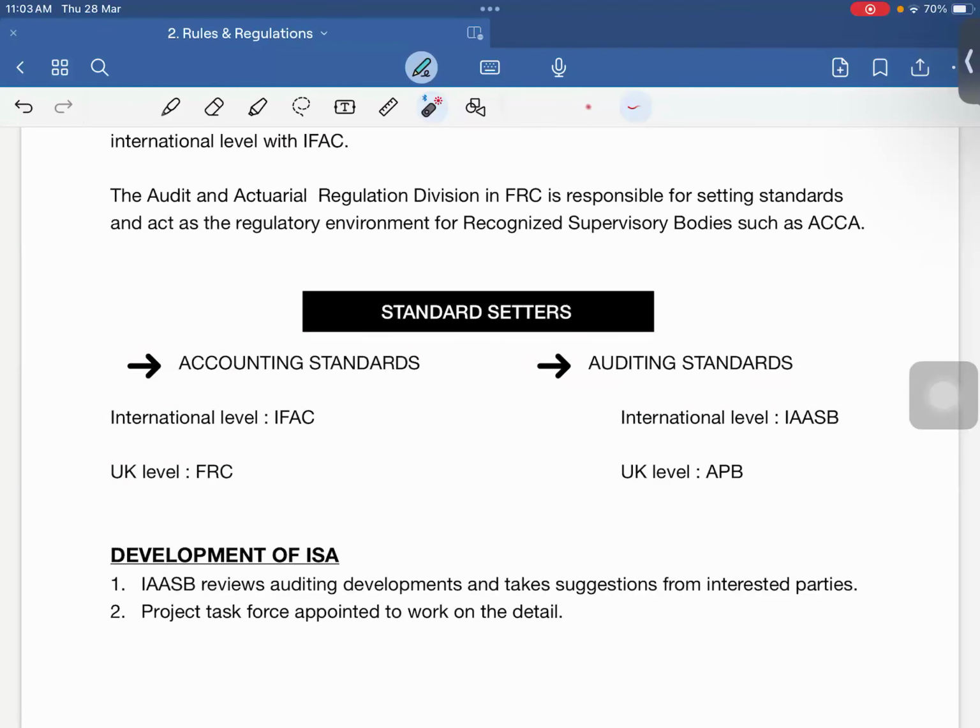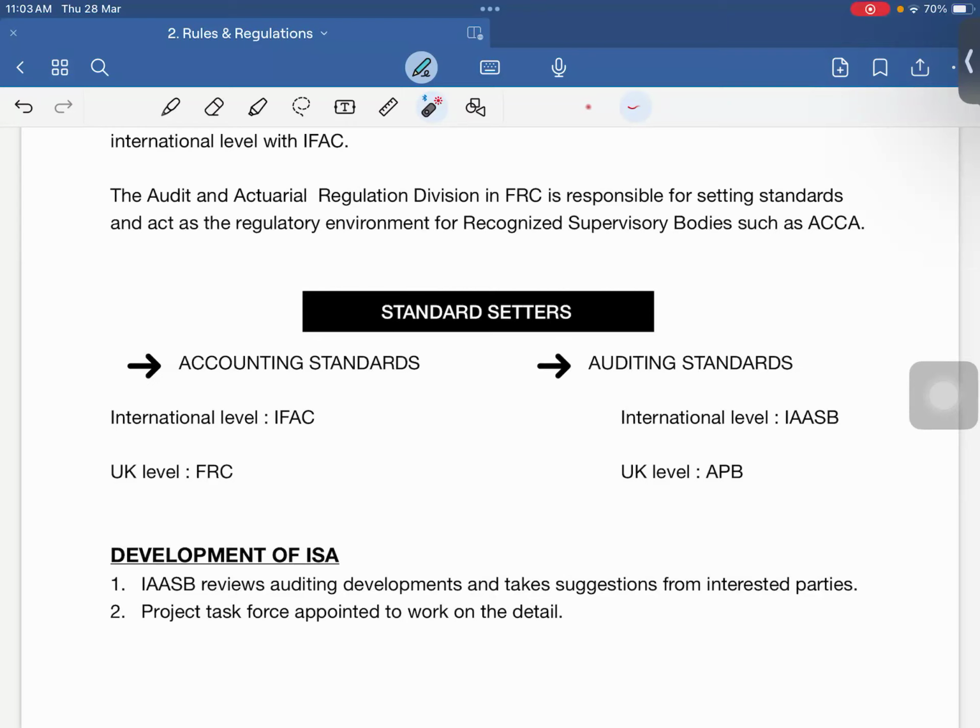Now, development of ISAs. IASB is the one who is going to monitor every development that happens in auditing, and they are going to suggest things that are necessary for the interested parties. Now, how do they develop?